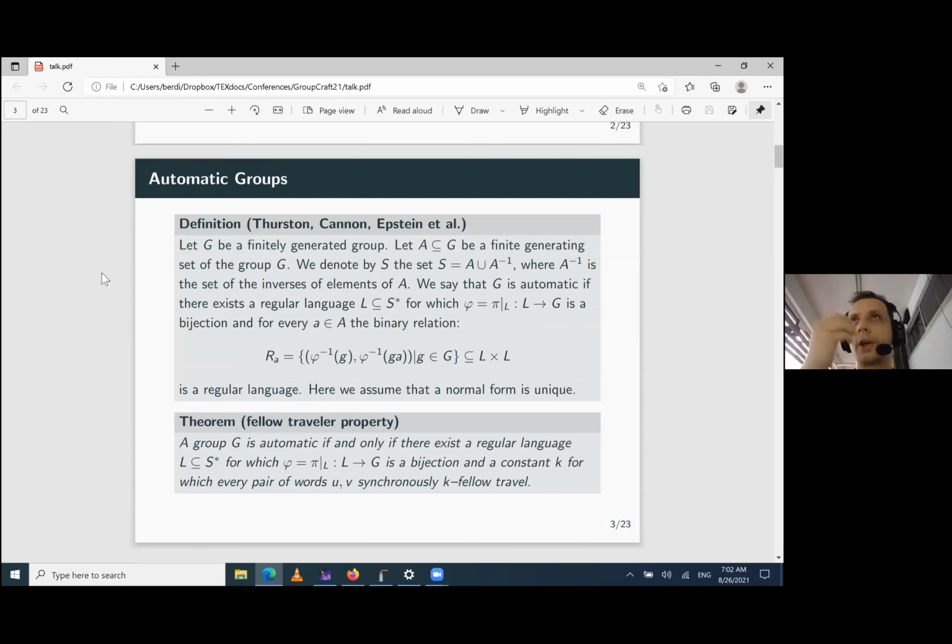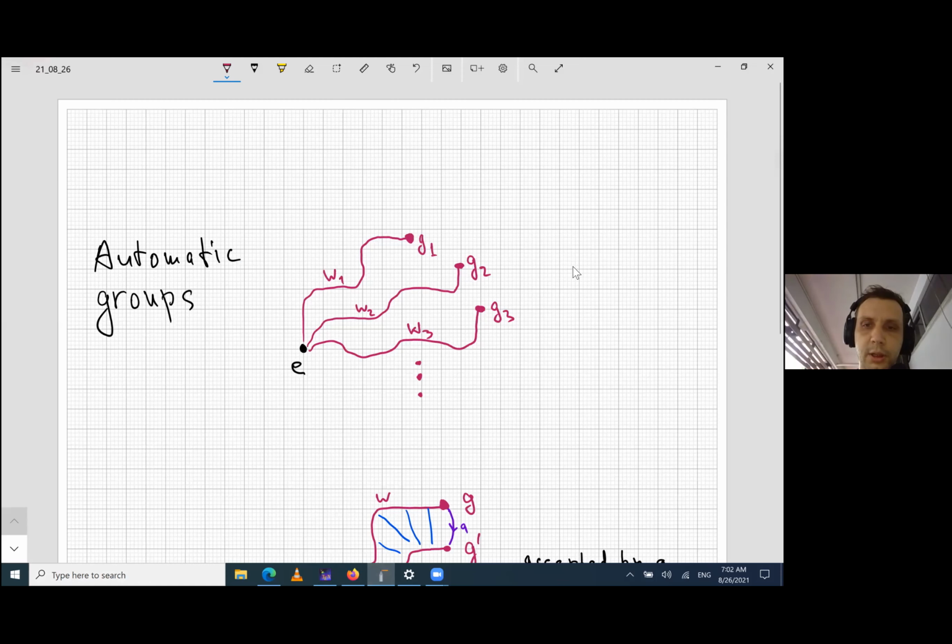And moreover, if you have two neighboring elements in a Cayley graph, then you recognize all such pairs of normal forms by a two-tape synchronous automaton. Let me show you a picture.